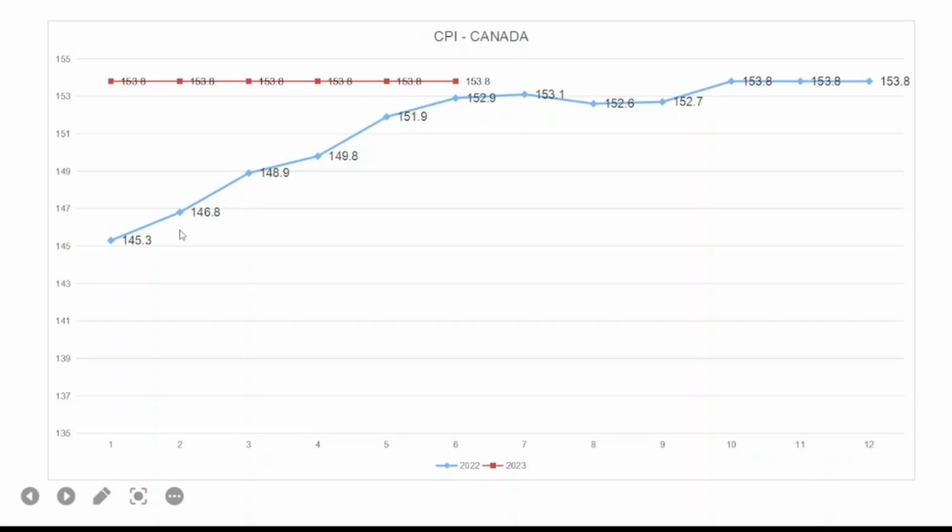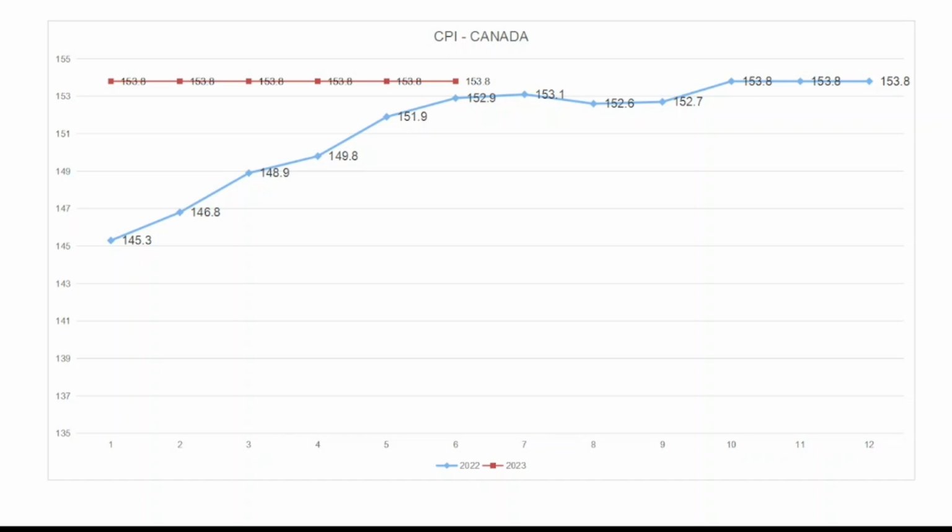The reason is that in 2022 the CPI number rose so significantly that, when compared to 2023, the percentage change will become 2% or less than 2%. So my assumption is that even though inflation comes down to 2% in numbers, in actuality we may be spending the same amount of dollars that we are spending today.